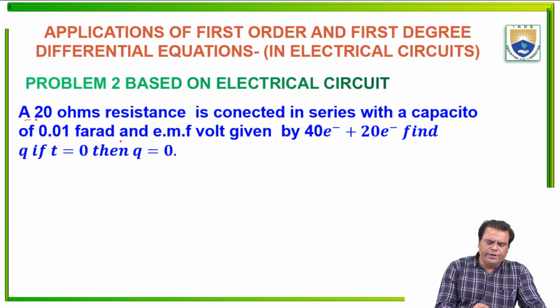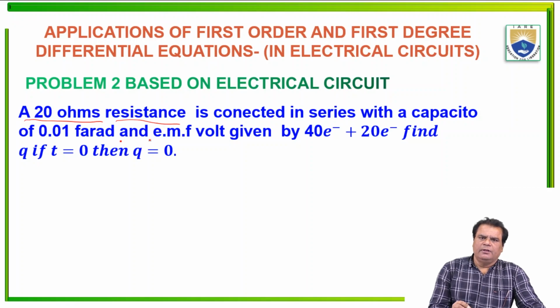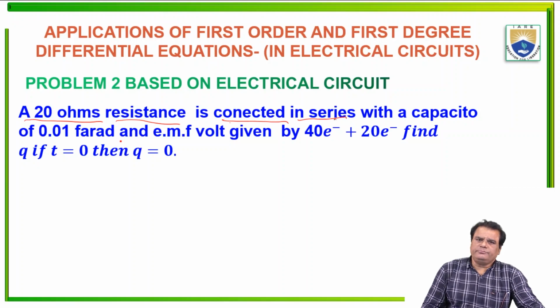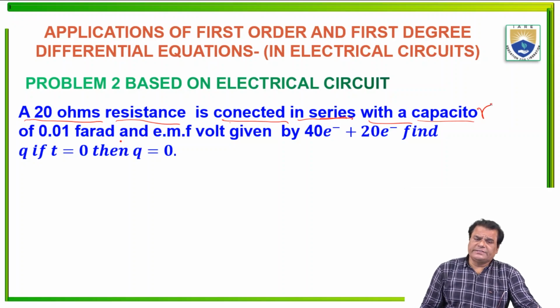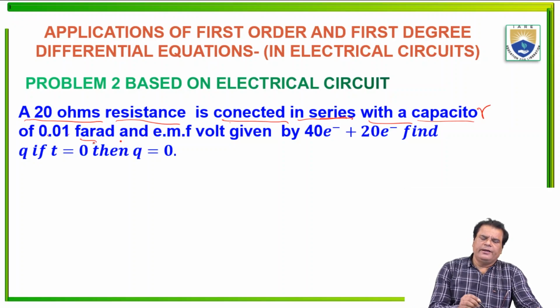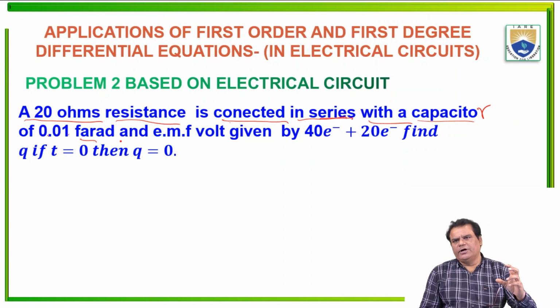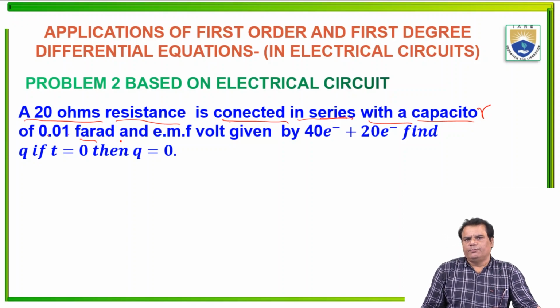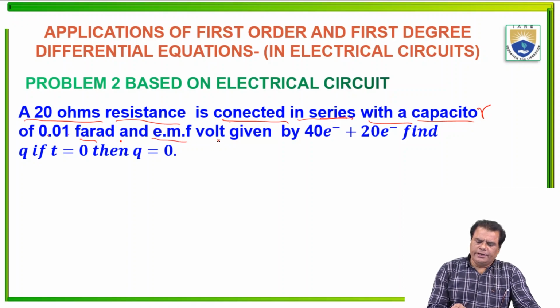So here a 20 ohm resistance is connected in series with a capacitor of 0.01 farad. The unit of capacitance is farad.